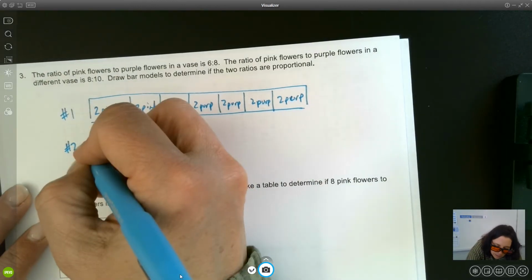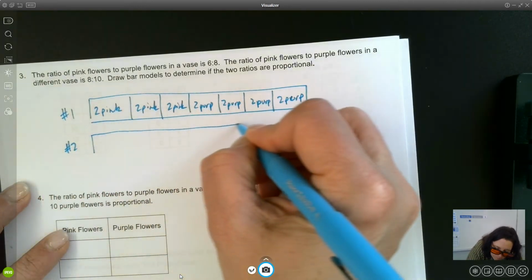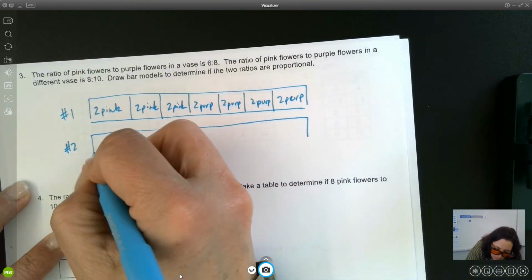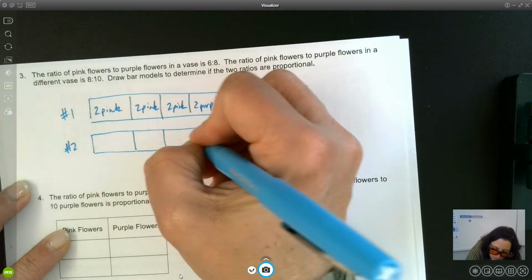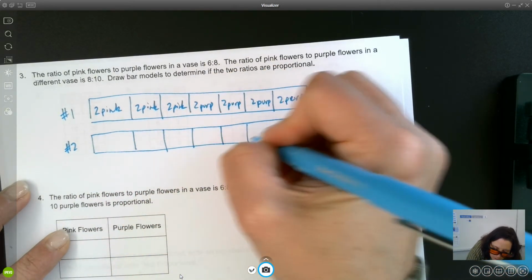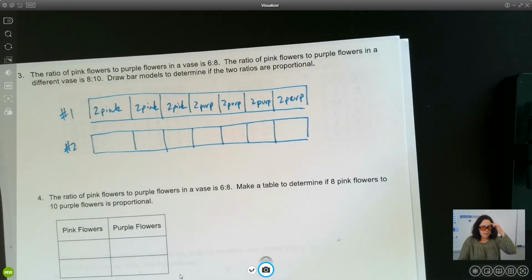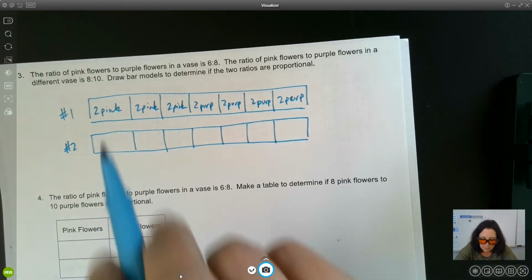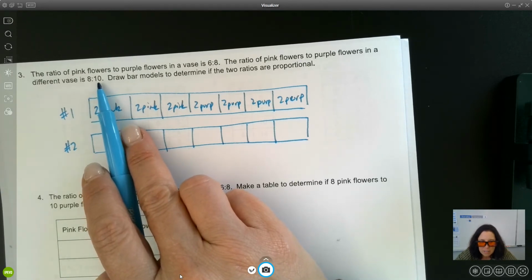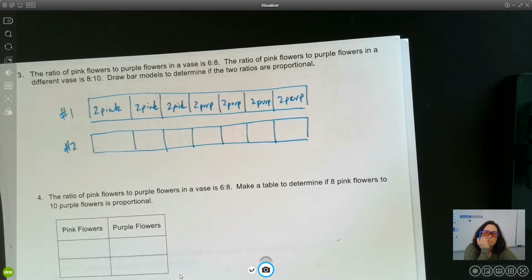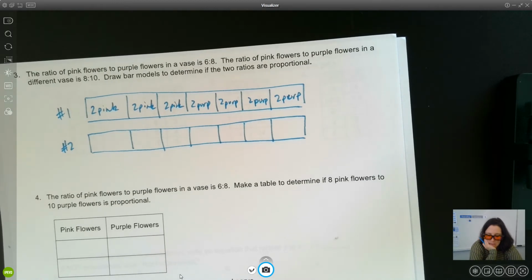For number 2, I need to draw the same exact setup and think about, is there a way to set up 8 pink and 10 purple? No, there's no way to do 8 pink and 10 purple. I'd have to have 9 boxes.